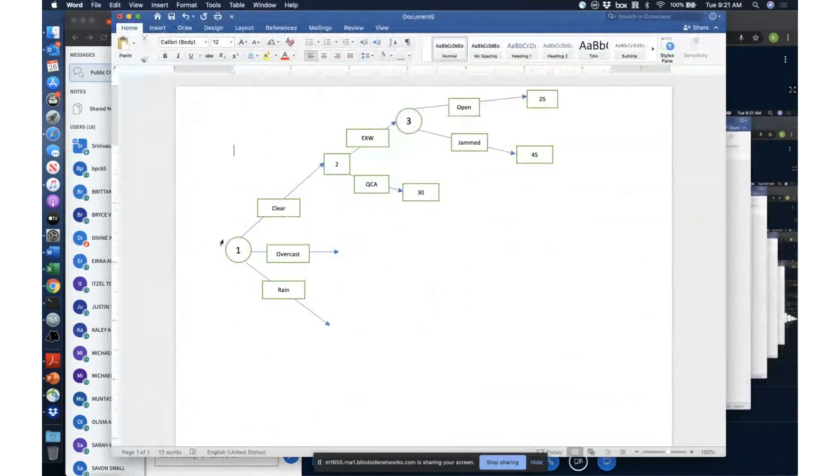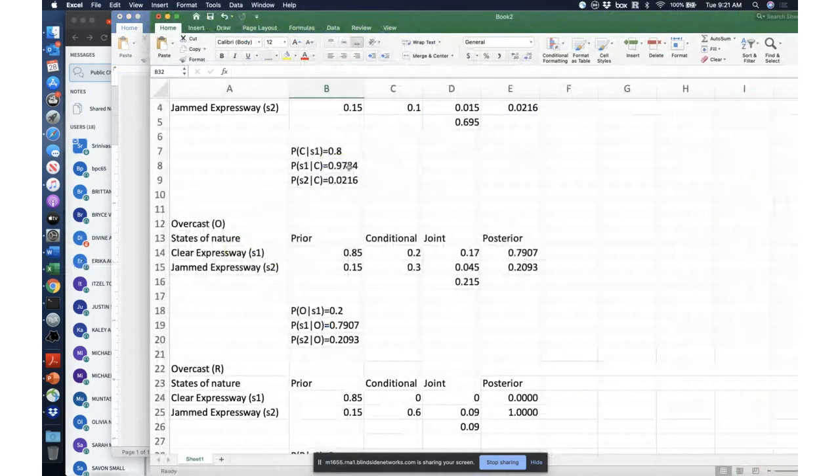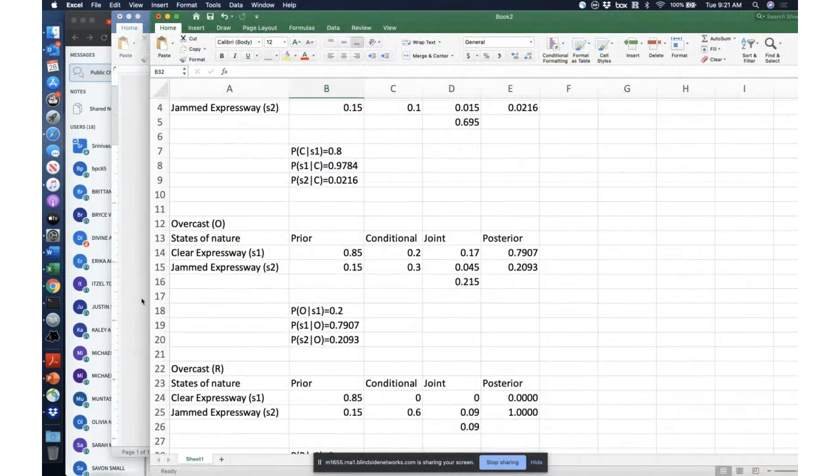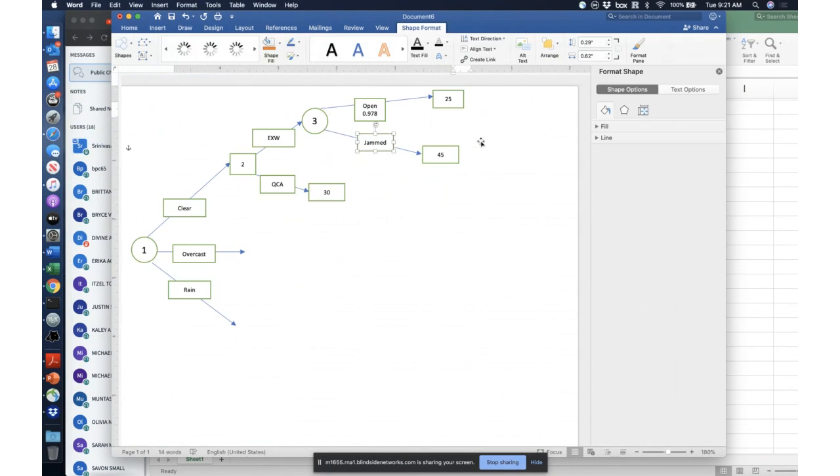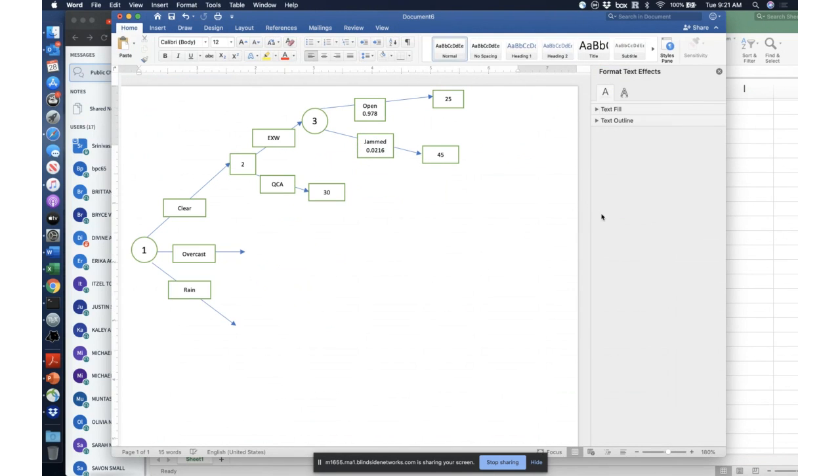Right. So the probabilities are 97.84% and 2.16%. So let's put that down here. Right?